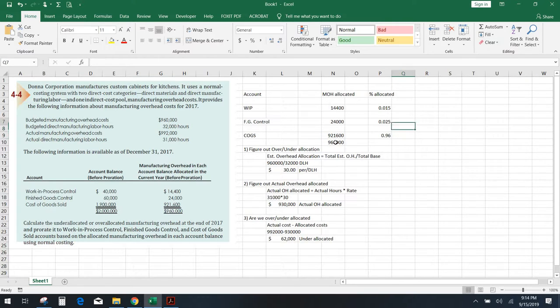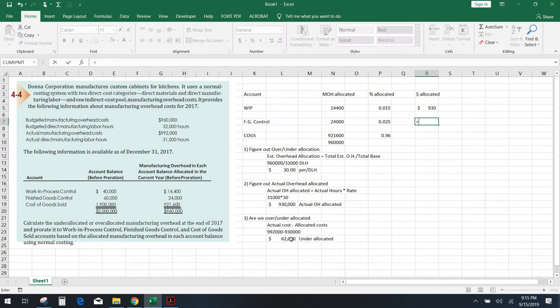Now, to figure out the dollar amount allocated, we take the amount under allocated right there and multiply it by that percentage.